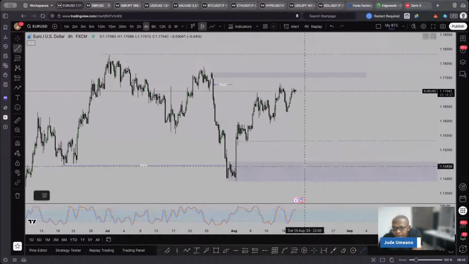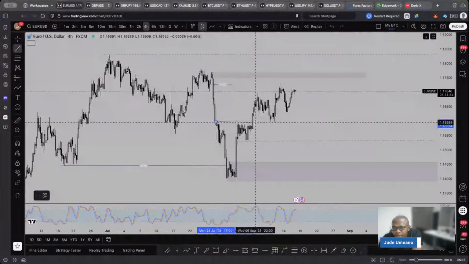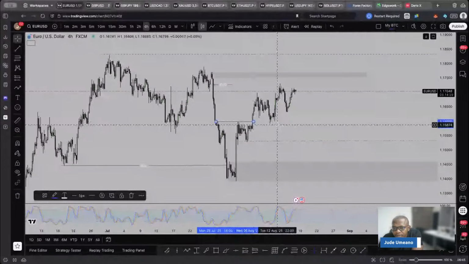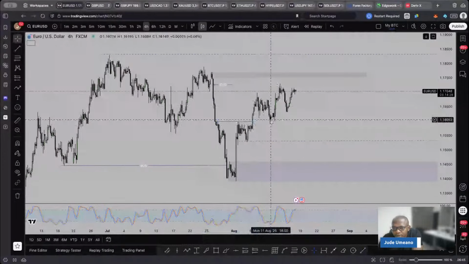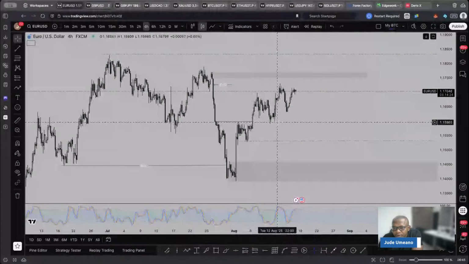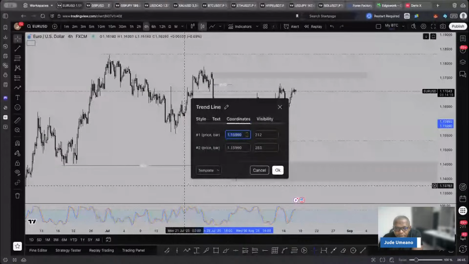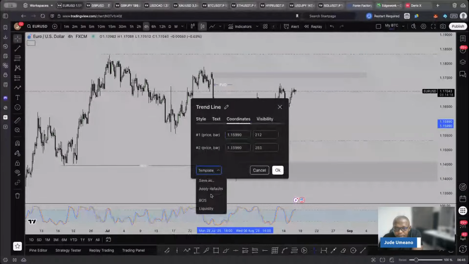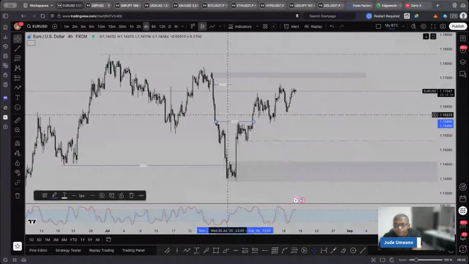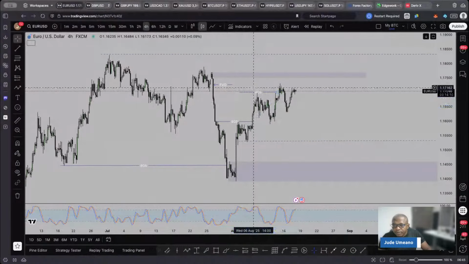So you can see that here we have a break of structure at this particular point. And we did come down. We didn't tap properly into this demand, and we went up, and we did have another break of structure at this point here.